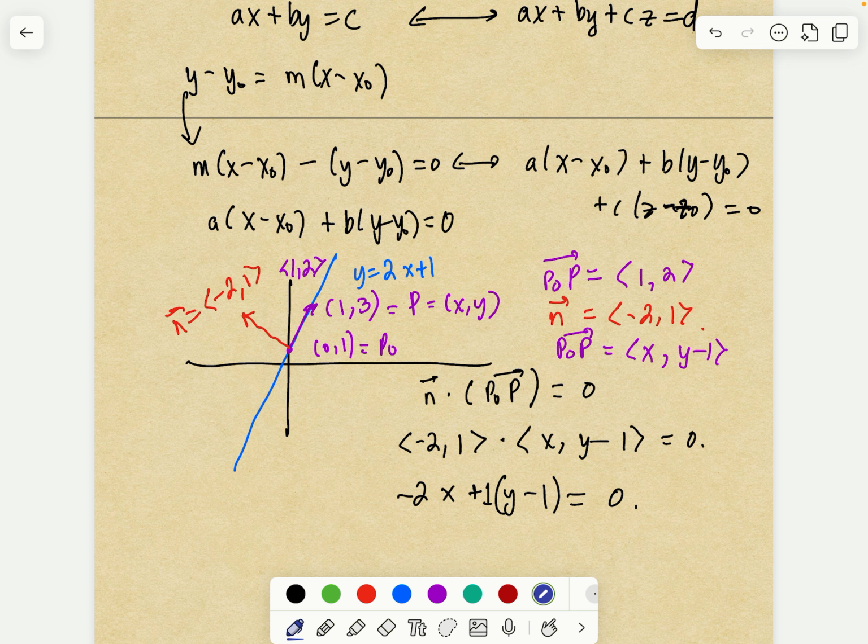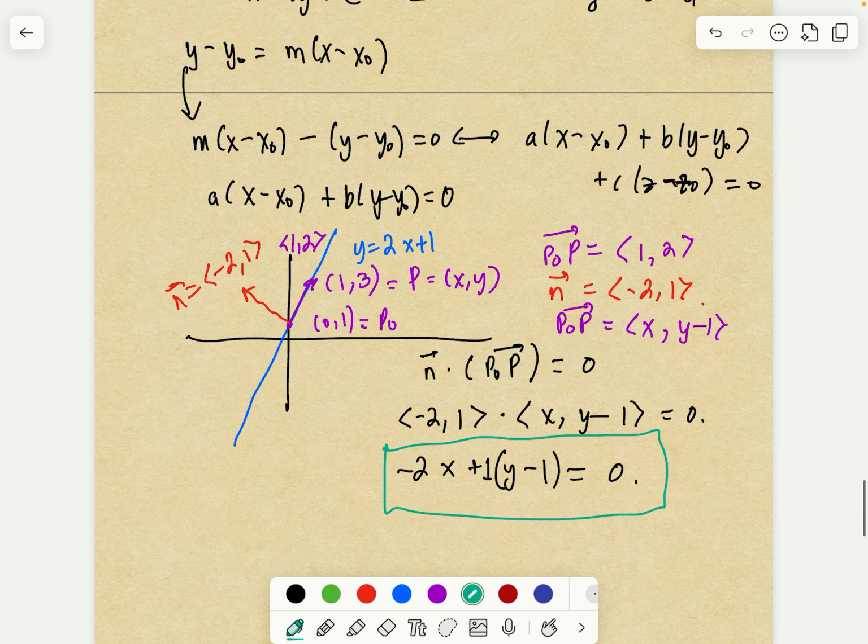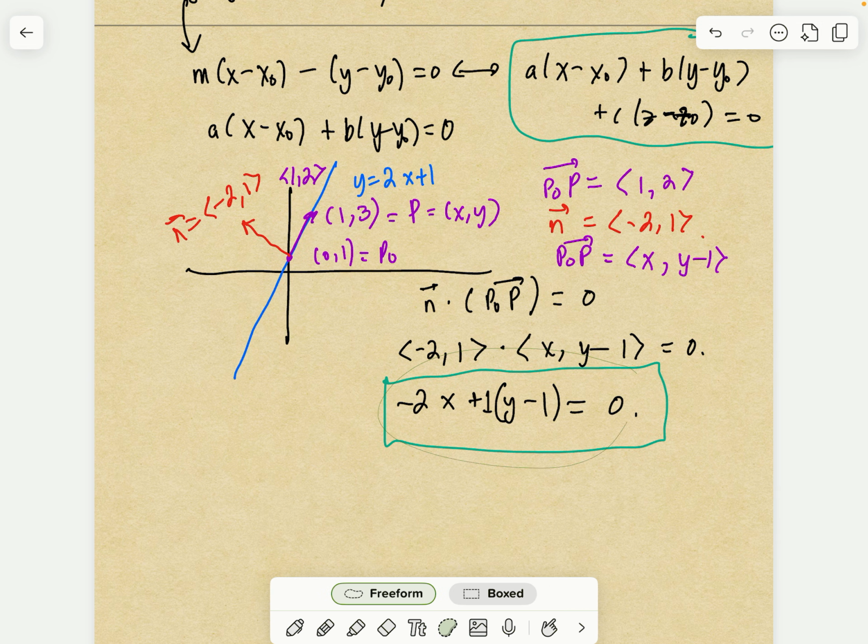In this case, we take 0, 1. Then if you take any point P on the line, call it x, y, then the dot product of the normal vector with the vector P naught P is going to be 0. And when you write it out, you get this. So this equation is analogous to this equation that we found at the end. This is like the 2D analog of the equation of a plane.